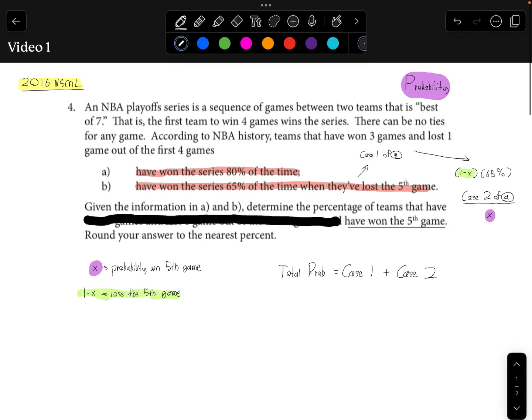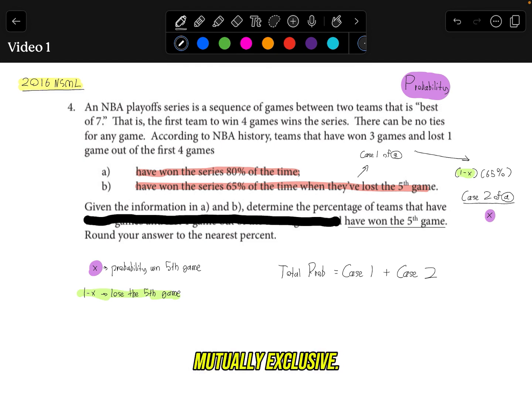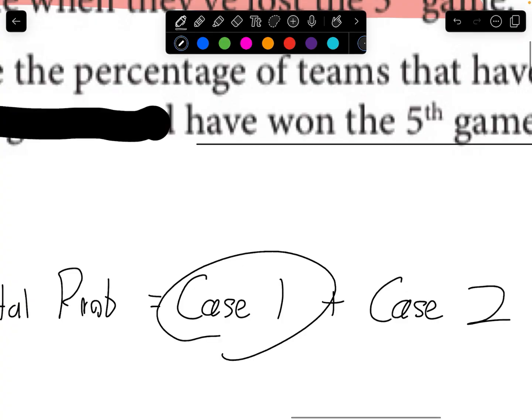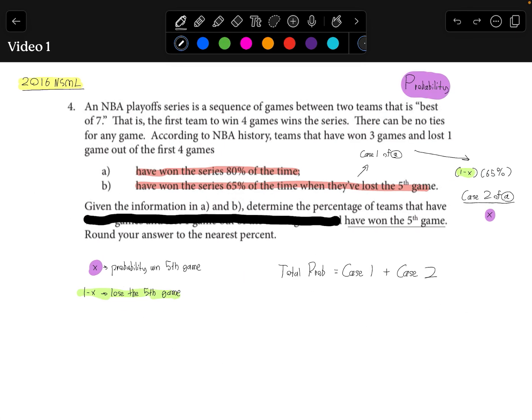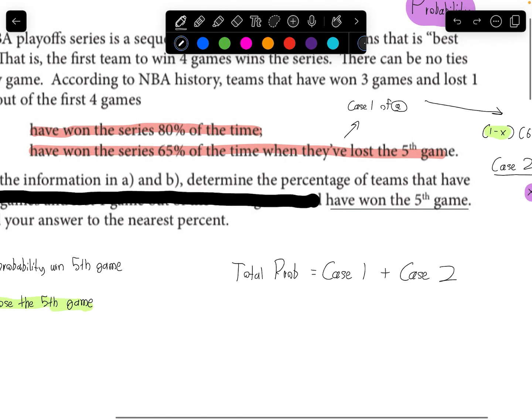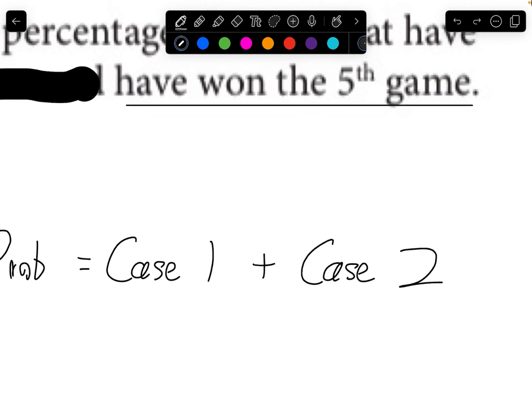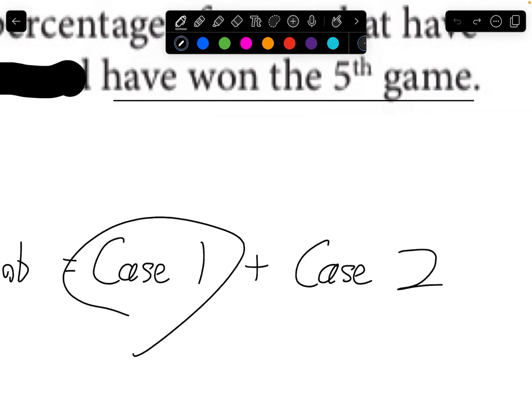Now, the reason why you don't multiply the two cases is because they're mutually exclusive. That's a fancy way of saying that these cases can't occur at the same time, right? So case 1, for example, is either you lose the 5th game or you end up winning later, and case 2 is that you win right away. You can't win and lose at the same time. Therefore, you have to add these two different cases.